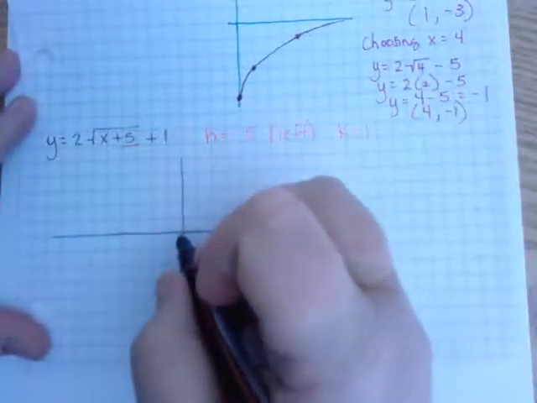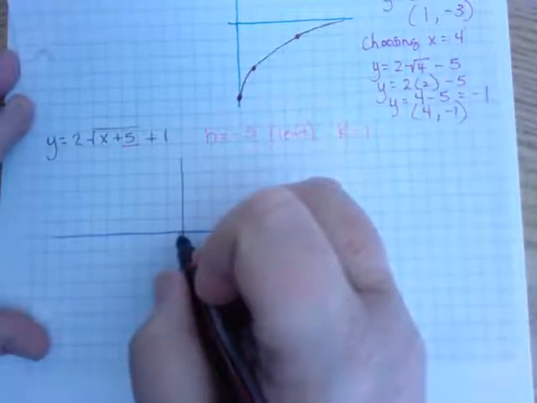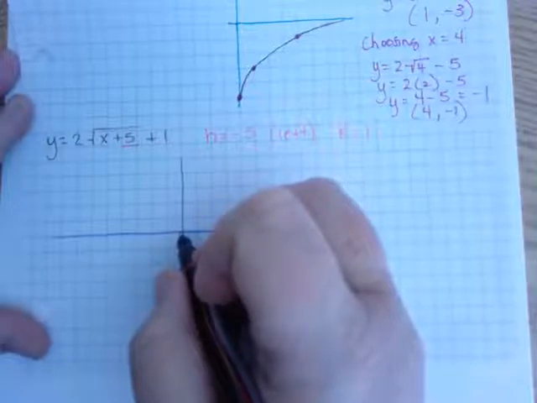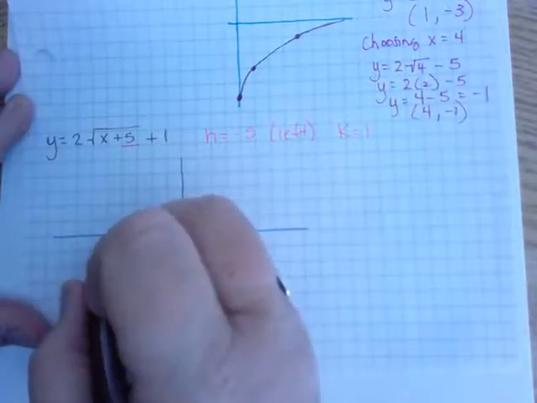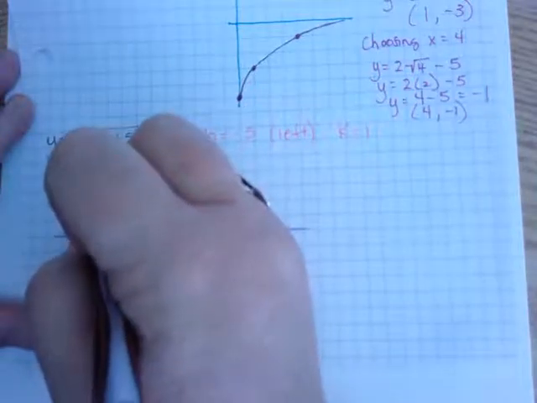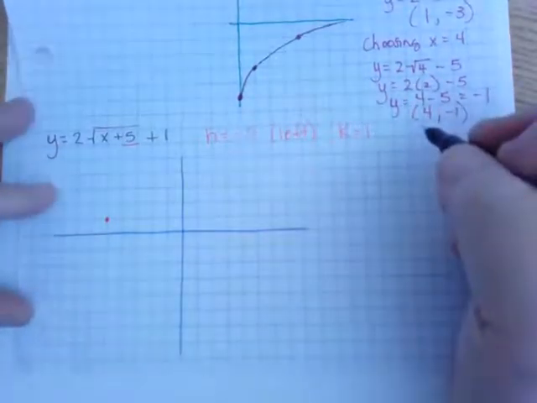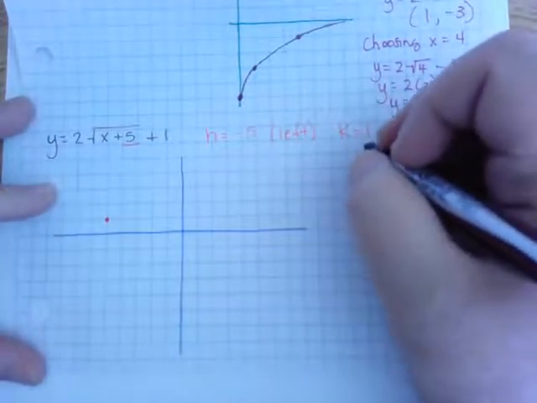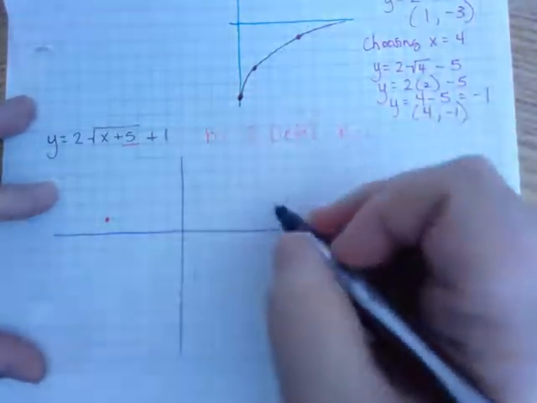So normally I start here at 0, 0, but instead of starting at 0, 0, I'm going to move 5 units left, 1, 2, 3, 4, 5, and 1 unit up. There's my starting point. Now I'm going to pick 2 values for x so that I can have other values to put on my graph.